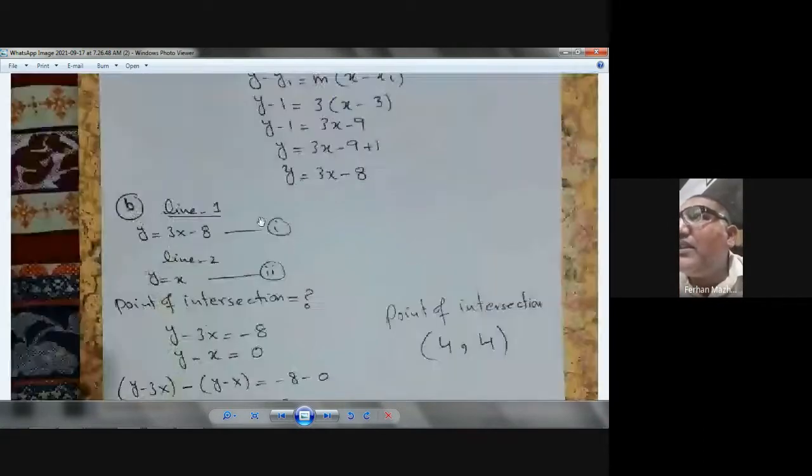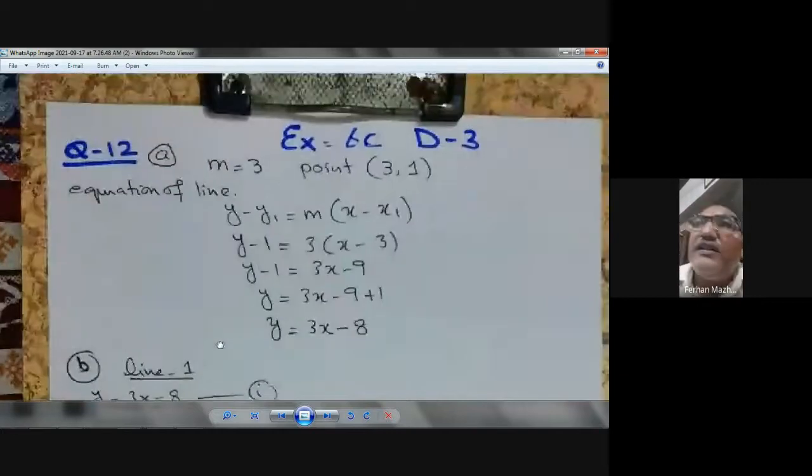Very simple. This is the A part, m is 3, the point is 3, 1. The equation of the line, you know the standard procedure, is y minus y1 equals m bracket x minus x1. In y1 I will substitute 1, for m I will substitute 3, and in x1 I will substitute 3.